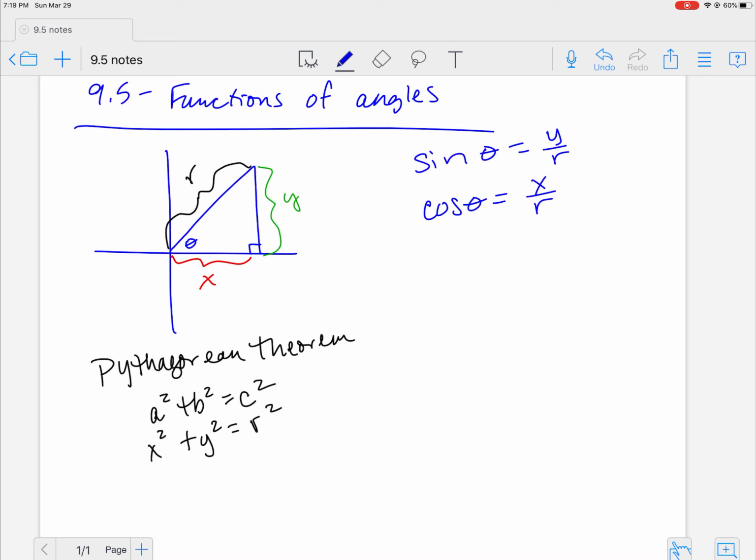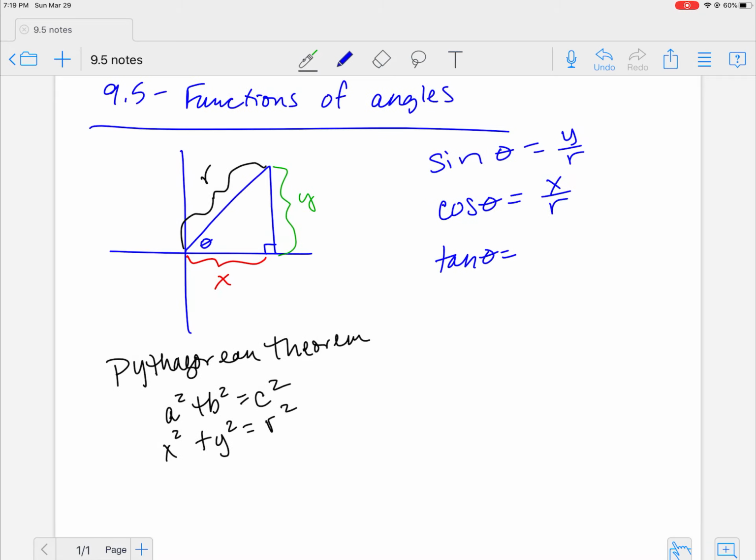Cosine of theta will be x over r. Then, as soon as you know sine and cosine, you literally have all the rest of them. Because tangent, we know to be sine over cosine, meaning you have y over x.